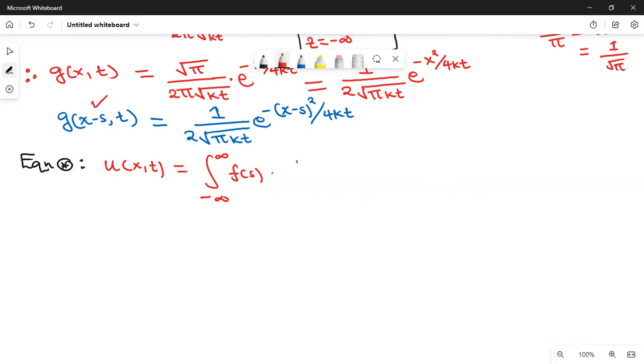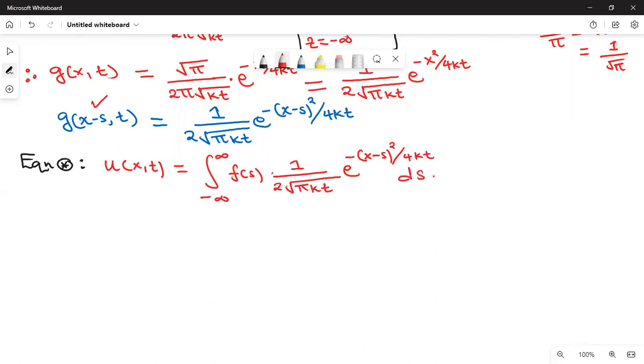So times 1 over 2 root pi kt, times exponential negative x minus s, this is supposed to be squared, everything over 4kt, ds.